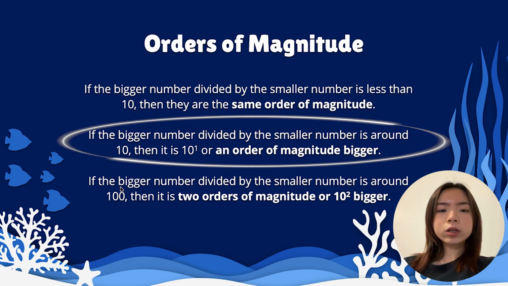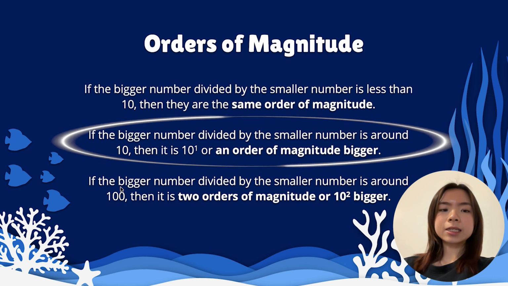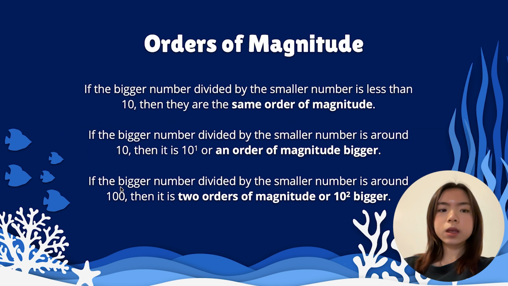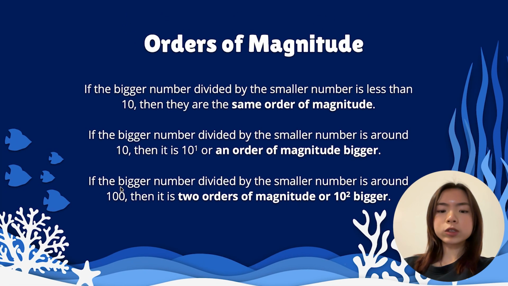If the bigger number divided by the smaller number is around 10, then we would say it is 10 to the power of 1, or it can also be written as 1 order of magnitude bigger. If the bigger number divided by the smaller number is around 100, then we would say it is 2 orders of magnitude bigger, or 10 to the power of 2.